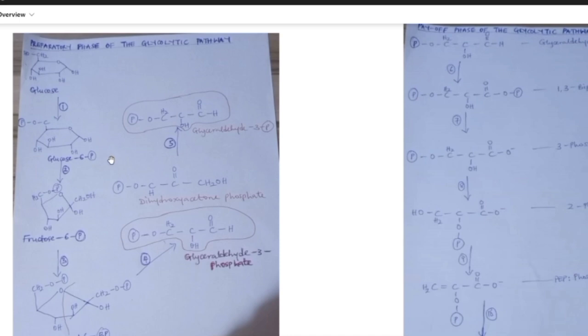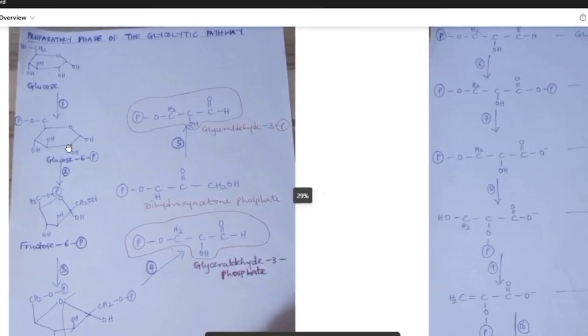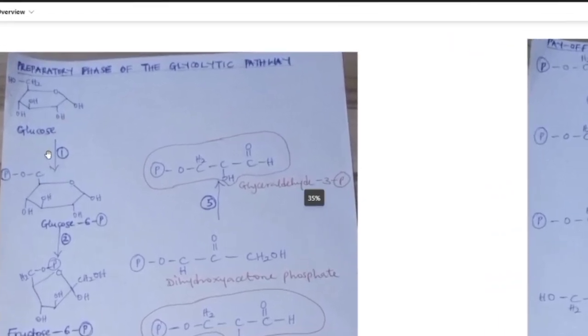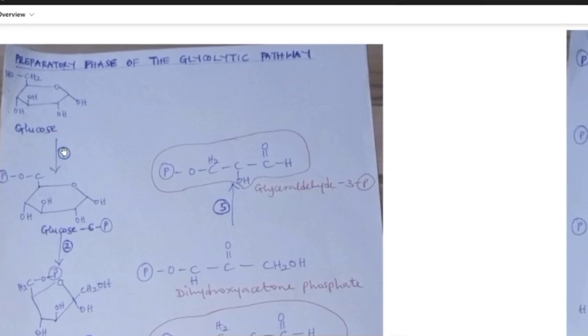Today we want to look at the individual reactive steps, and we'll begin by looking at the glucose molecule right here. This is the glucose molecule in the preparatory phase, and it's the substrate that starts the 10 reactive steps of the glycolytic pathway.